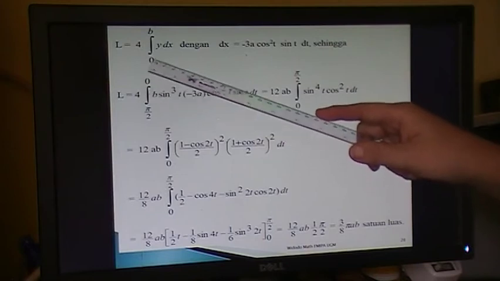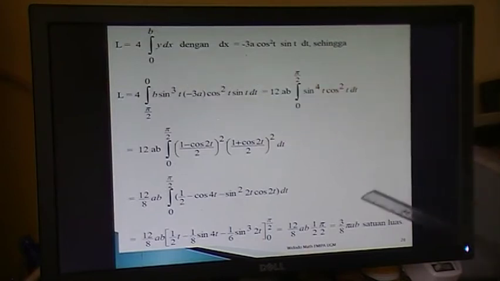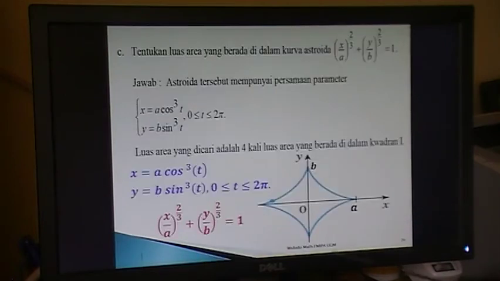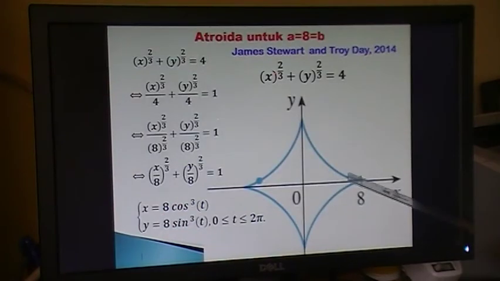Why? Because the 0 until b, that means the 0 is equal to the angle t, pi plus pi divided by 2, and the b is equal to 0.